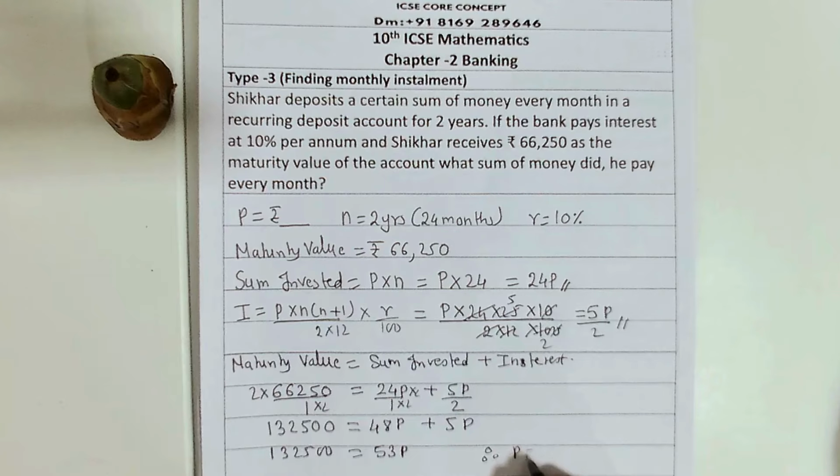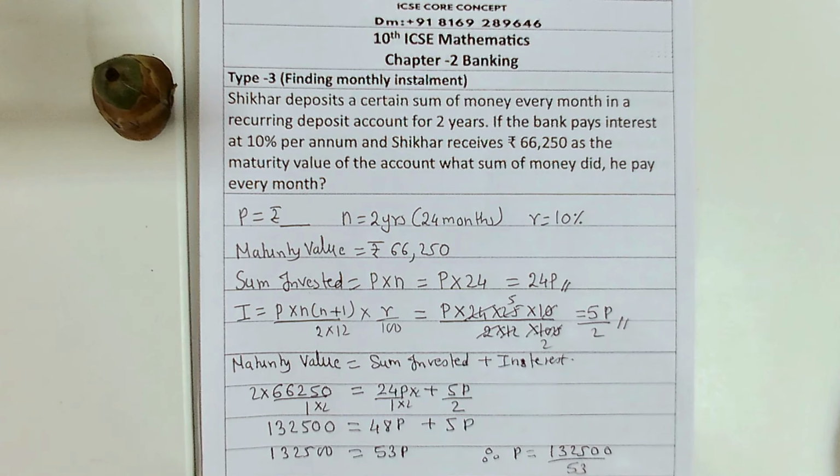Therefore, P is equal to 132500 upon 53. When you calculate this value, 53 ones are, and it comes to 2500. So principal is rupees 2500.